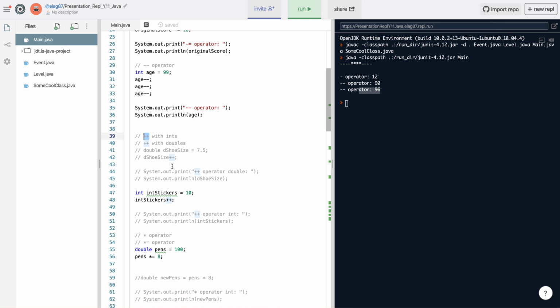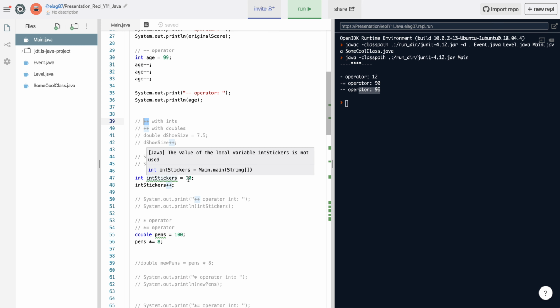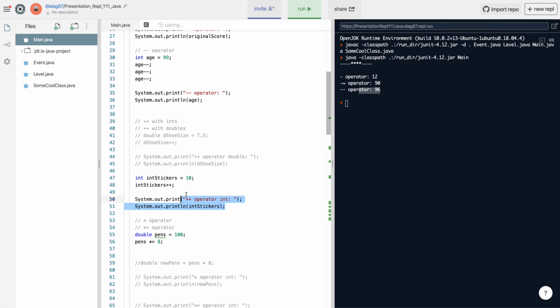So we're going to start by looking at integer stickers. We have 10 stickers, and then we want to increase it by 1. So if I do stickers plus plus, when I print that, it's going to be 11. So the plus plus operator increased it by 1 and then made that variable equal to that.